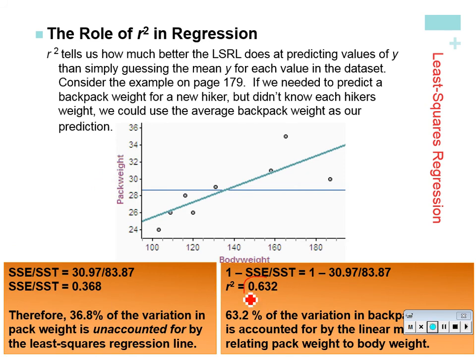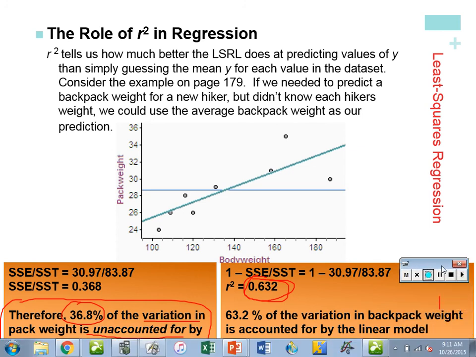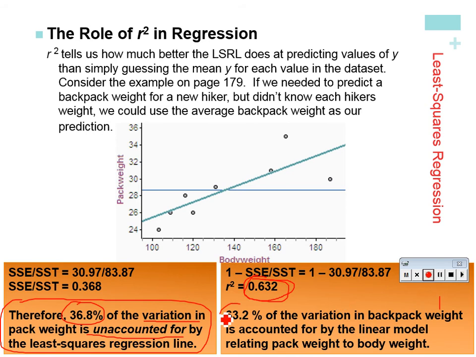So we would get an r squared value of 0.632. What that means, and this is more of what we're going to look at as far as r squared goes, is that 36.8% of the variation in pack weight is unaccounted for by the least squares regression line, which means that 63.2% of the variation in backpack weight is accounted for by the linear model relating pack weight to body weight.